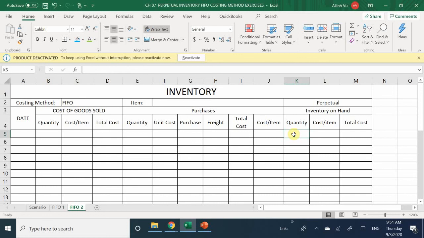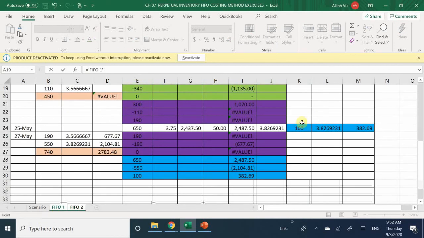So my batch was 100. Okay, and 300, yes. I'm going to go ahead and cell reference this. I'm going to take from this one because I know this is what I'm going to be looking at.